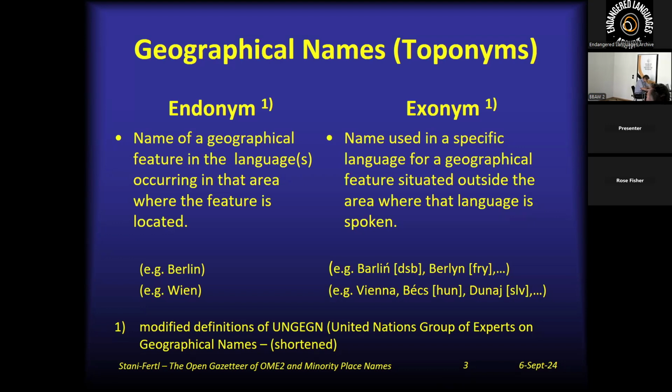An endonym is a name for a geographical feature in one or more languages spoken in the area where the feature is located. And an exonym is a name for a geographical feature in a language that is situated outside the area where that language is spoken.